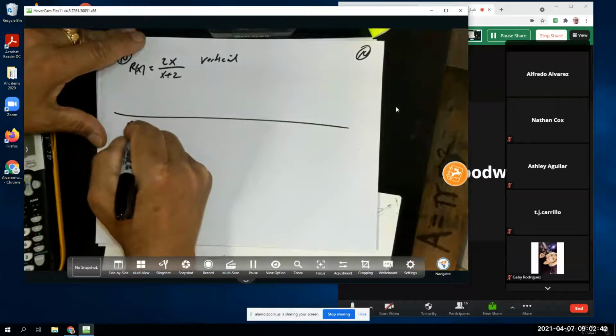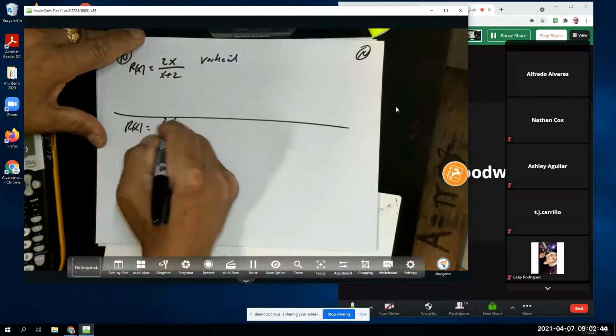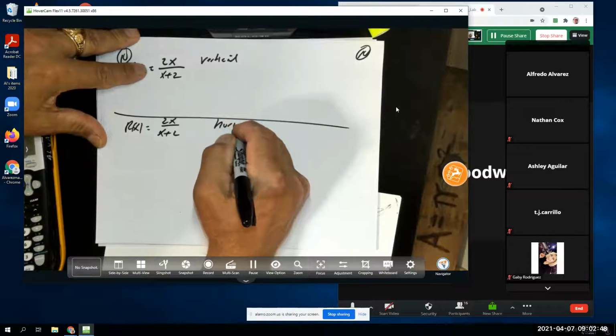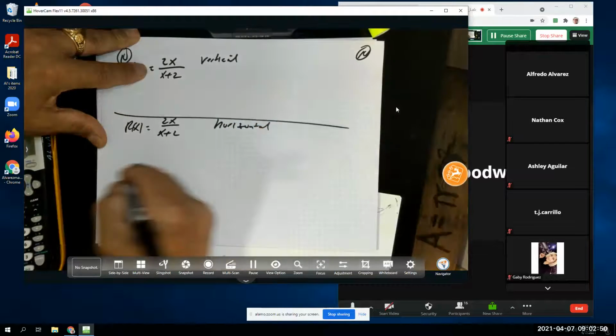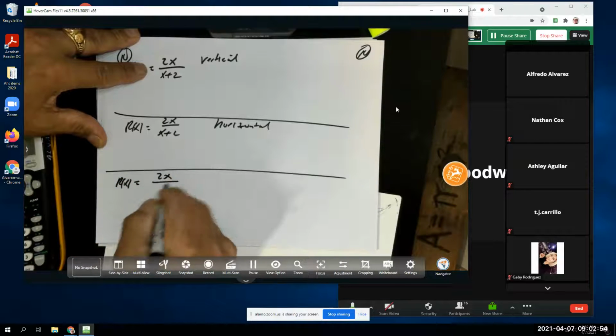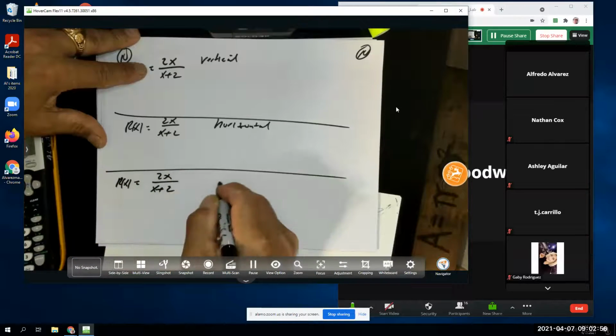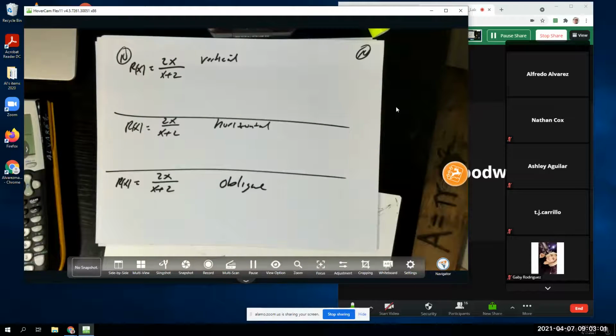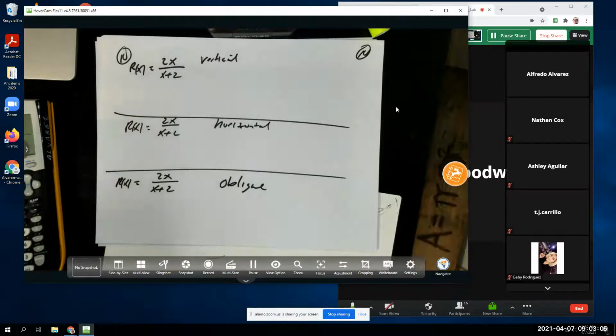And they're going to say the same thing, find the horizontal. And they're going to say the other word, find the obliques. Okay, it's going to ask you that. Find the oblique, horizontal, vertical asymptotes. That's 3 words to sound.